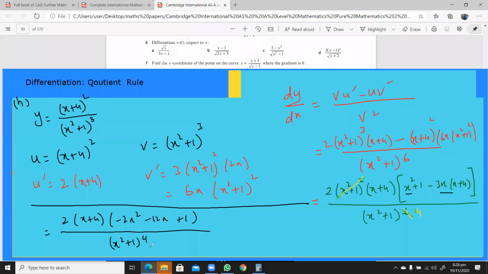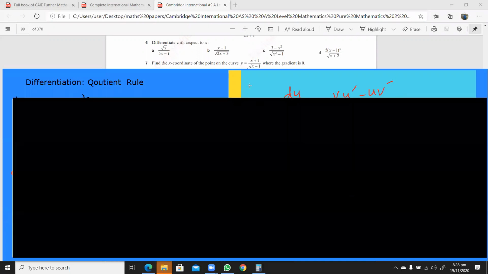Okay, let's move on from this part of question number 6, and we do question number 6, C part. Okay, let's do this 6C. Again, I'll put that equal to y.